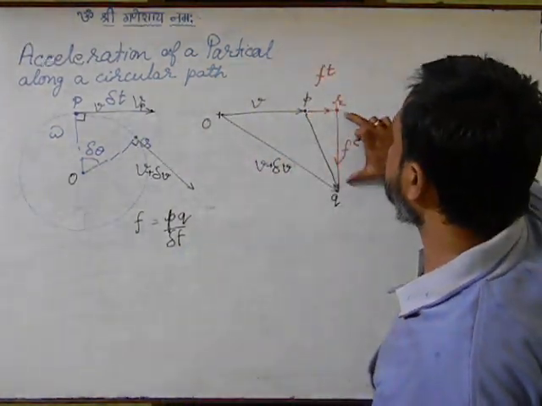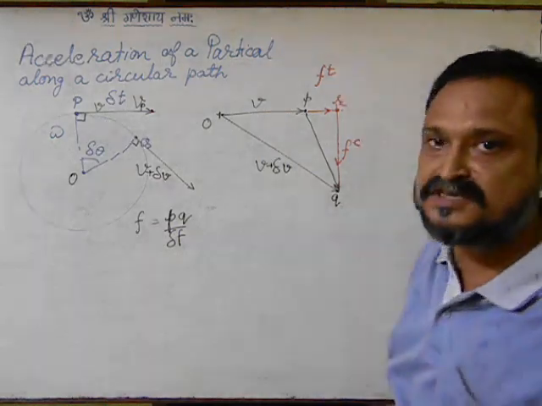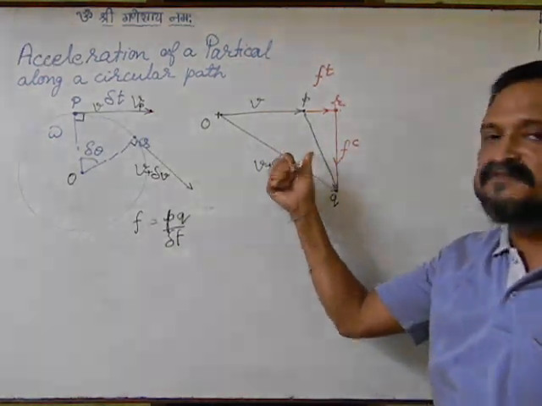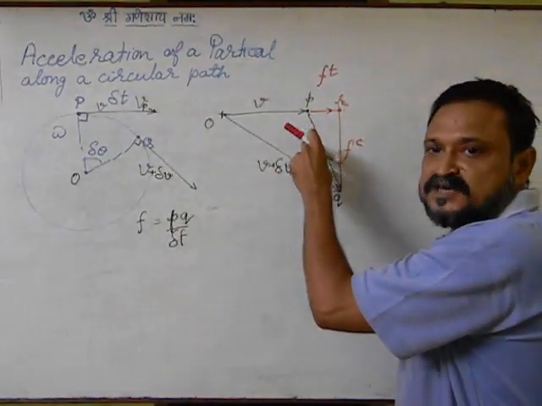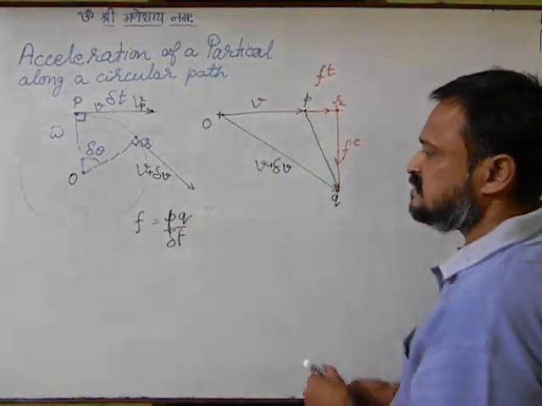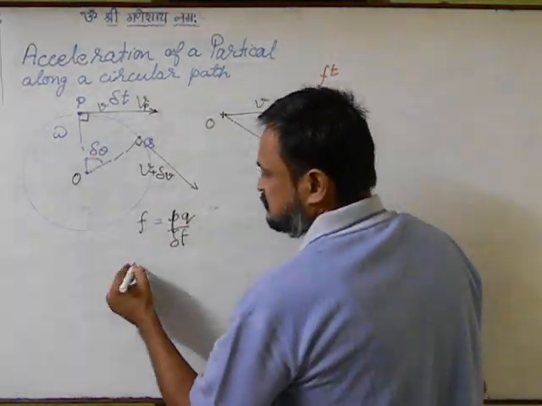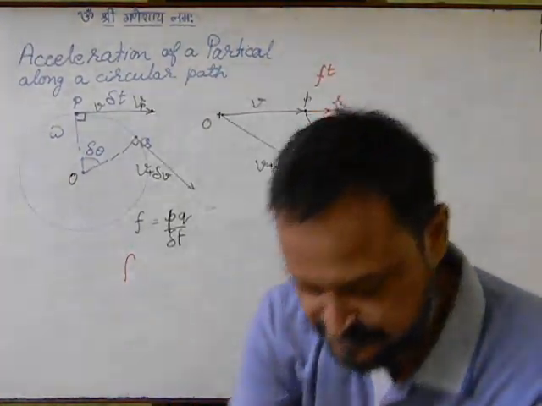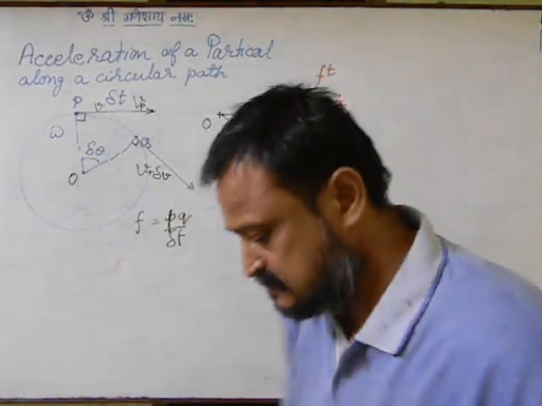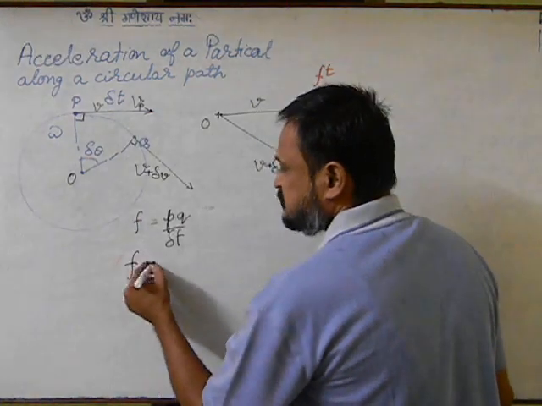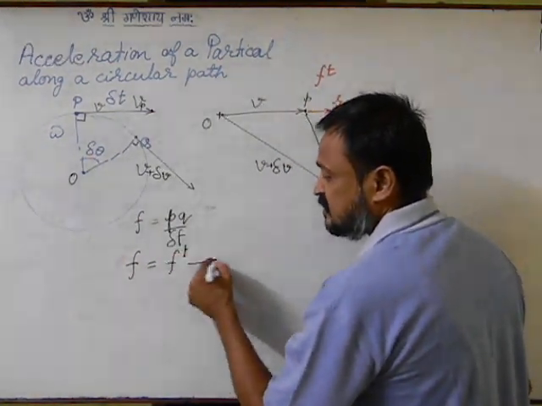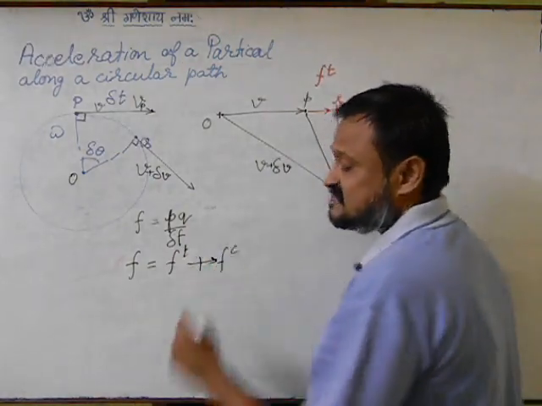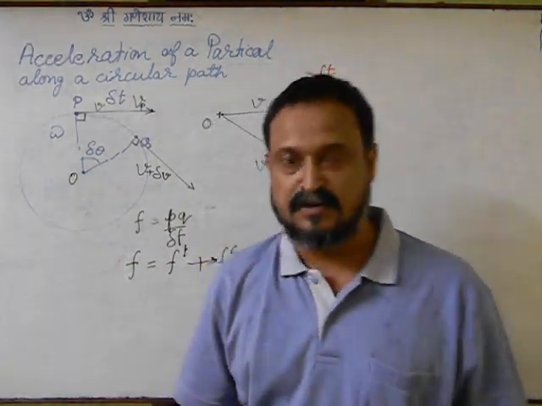Now if I determine these two components, then I can find the absolute acceleration, which will be the vector sum of the tangential component and the centripetal component of that particular point.